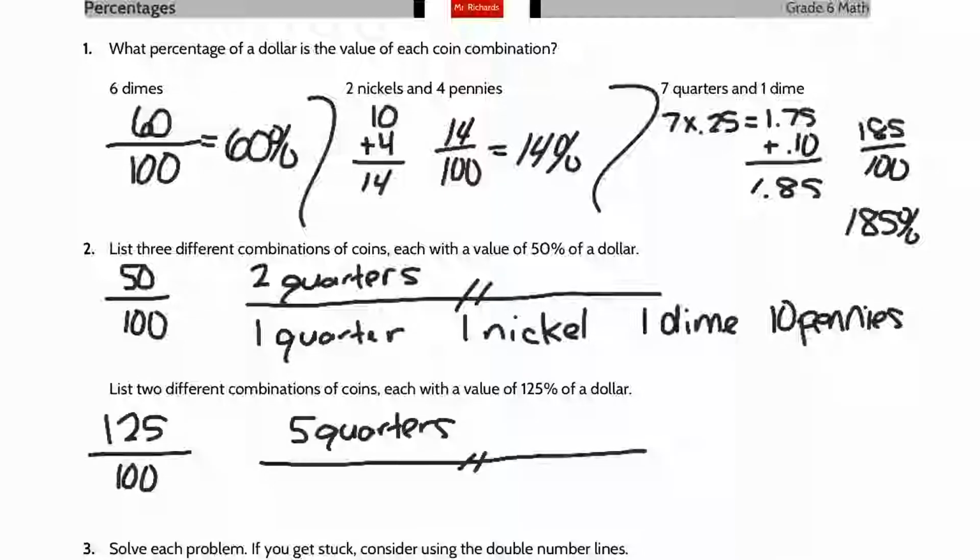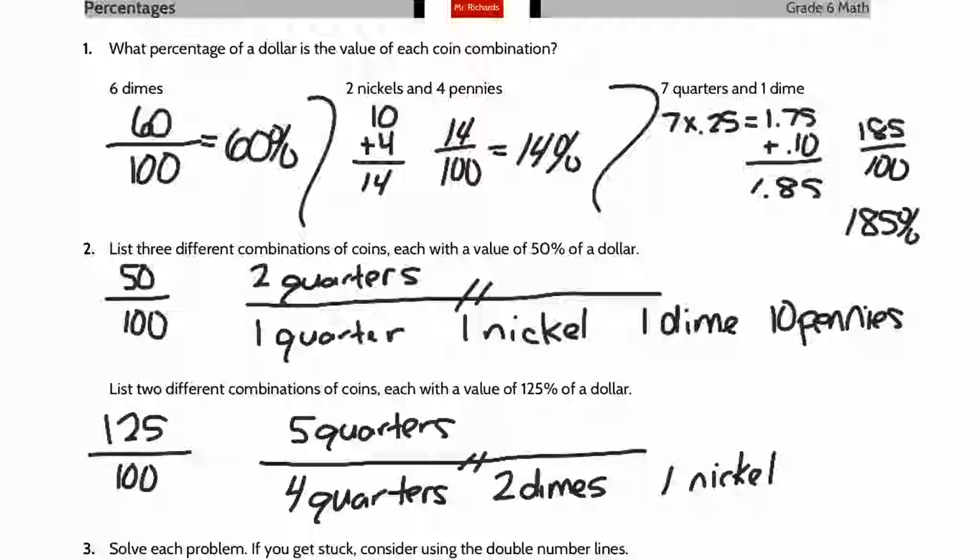I mean, I suppose that's a combination of coins. Kind of boring. But what if we went 4 quarters? That's $1. We can do 2 dimes. That's $1.20. And then 1 nickel can finish it off to get us up to $1.25.